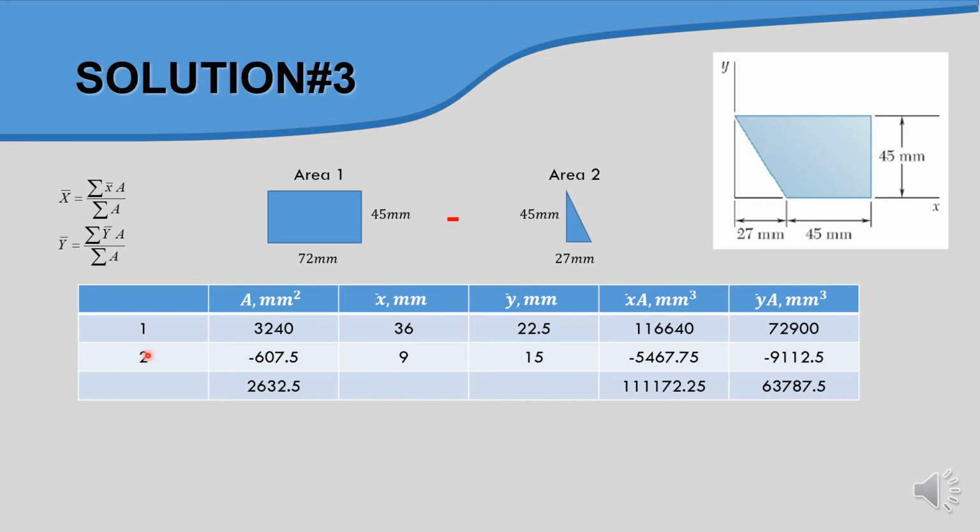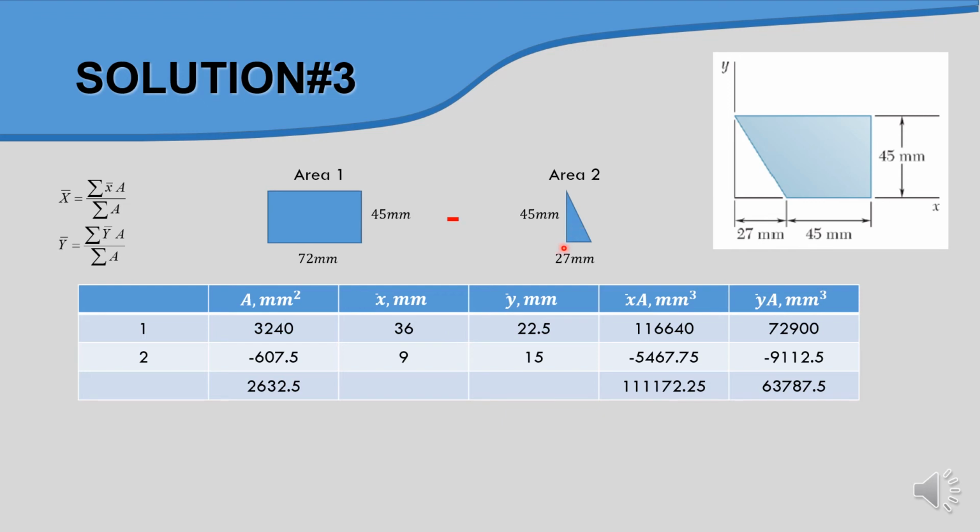The area of the triangle is basically 45 times 27 divided by 2, and we have this value. We need to subtract it, so we put a negative value. For x bar, basically we use the formula we already covered in the previous slide.